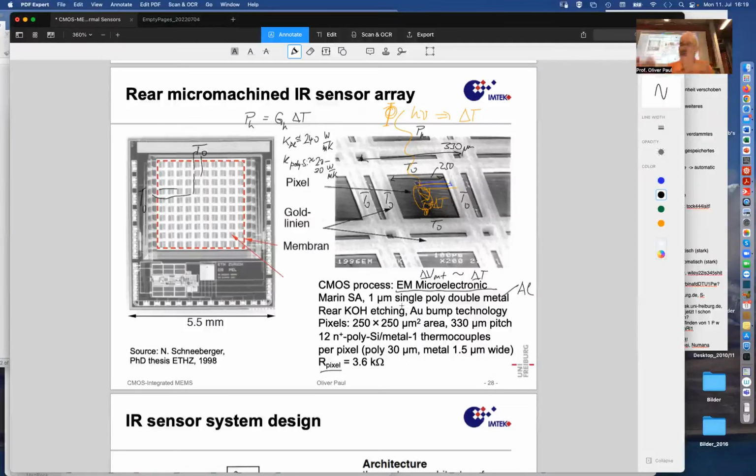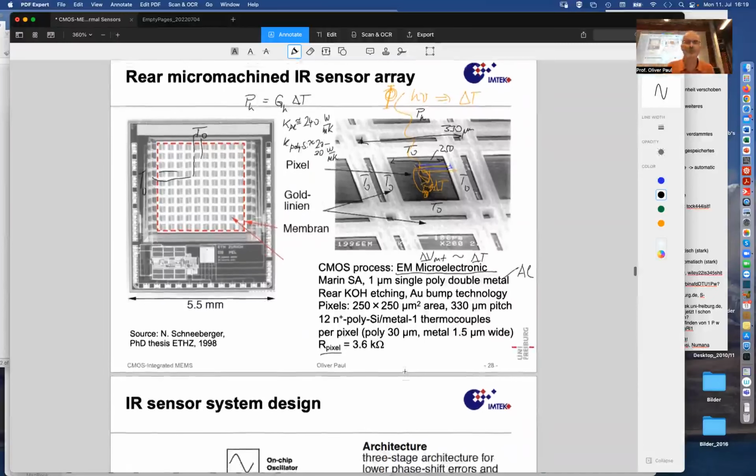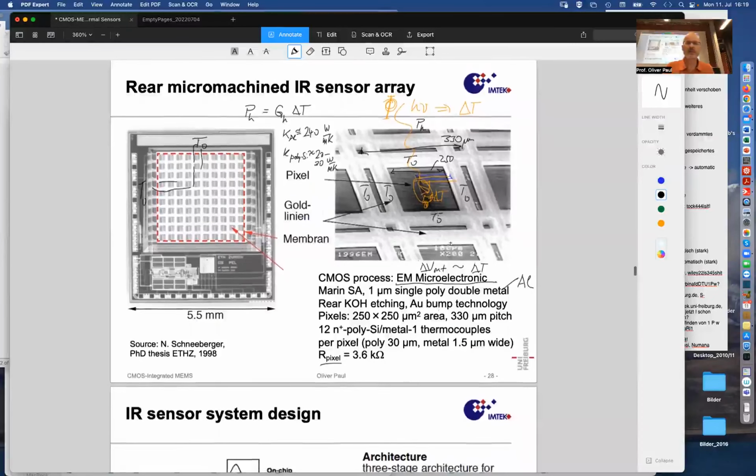And so these are the considerations that the designer of this sensor, in particular here, Nikolaus Schneeberger, had to go through. And then one should not forget that this pixel is also connected to some circuitry, and the circuitry adds noise. So there is no magic microelectronic circuitry that can remove noise.